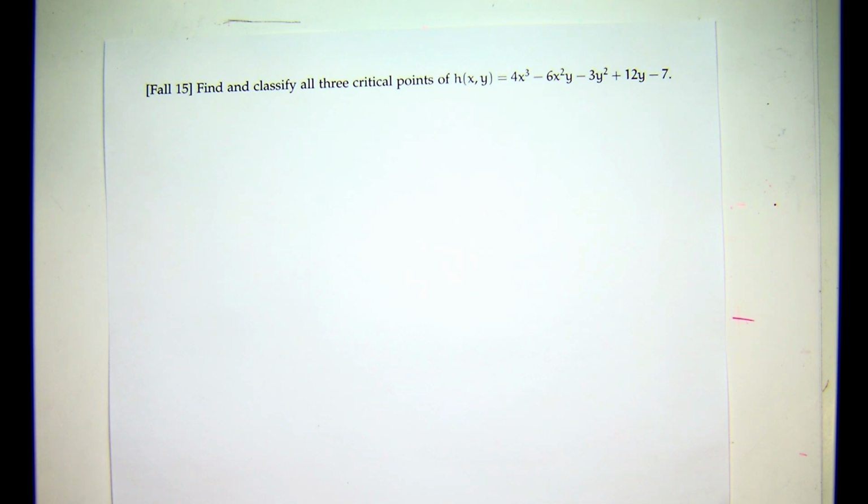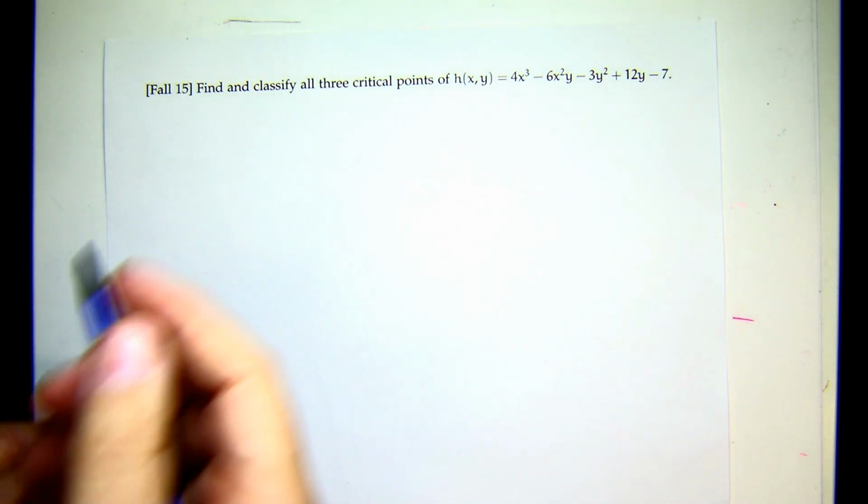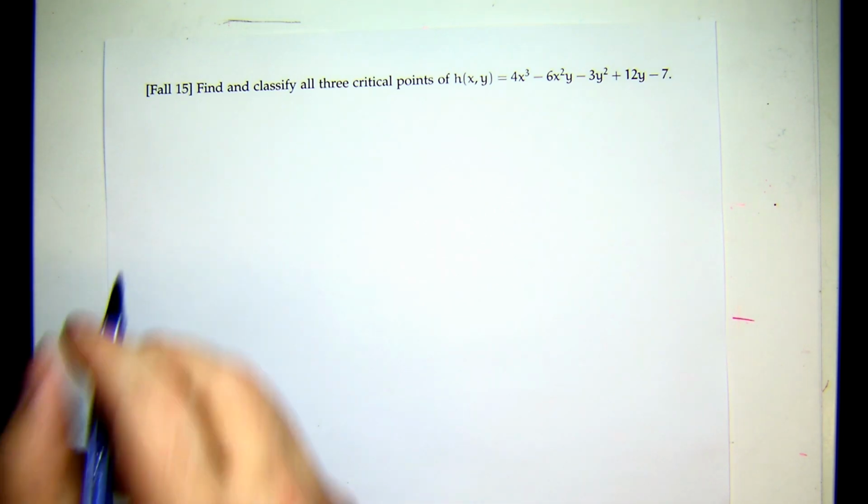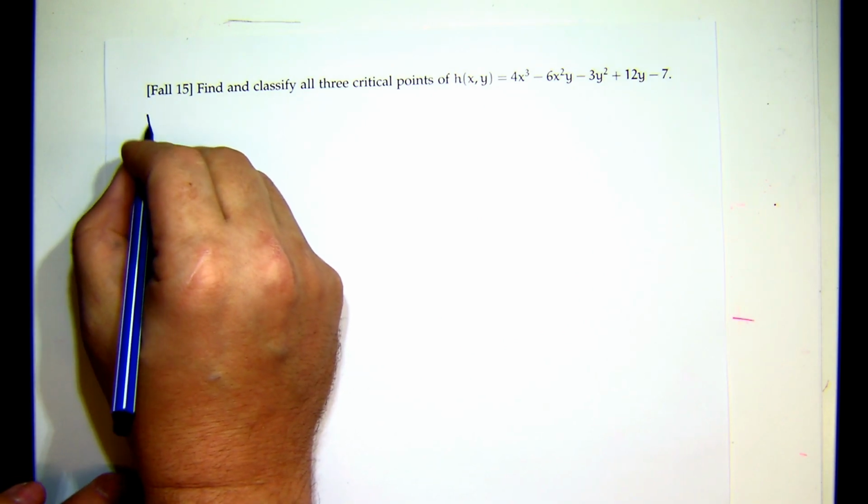Right, we find the gradient, or we also can say, do what? Take partial derivatives and do what to those? Set everything to 0. So either set the gradient equal to 0 or set the partial derivatives equal to 0. That means the same thing. So let's talk about partial derivatives. H sub x.